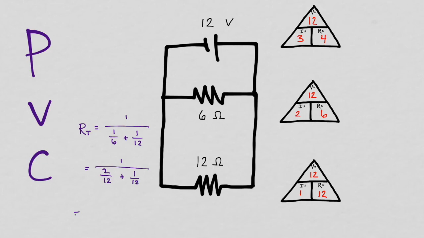Combining those two terms, I have 1 over 3/12. Flip it to see 12 over 3, which reduces to 4 ohms. I think we're right. Thank you very much.